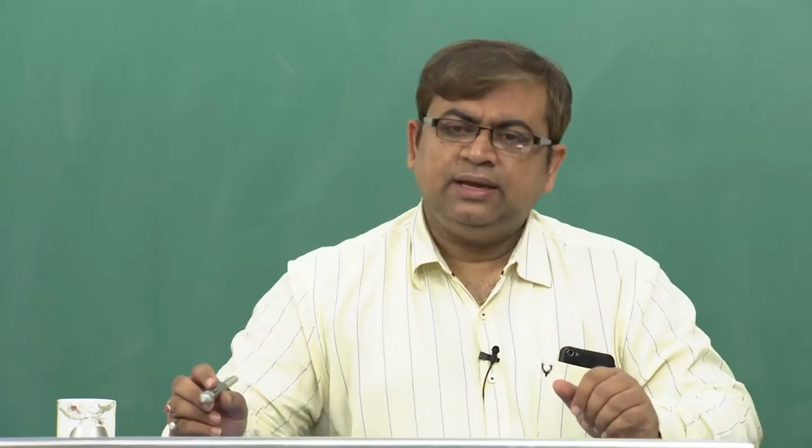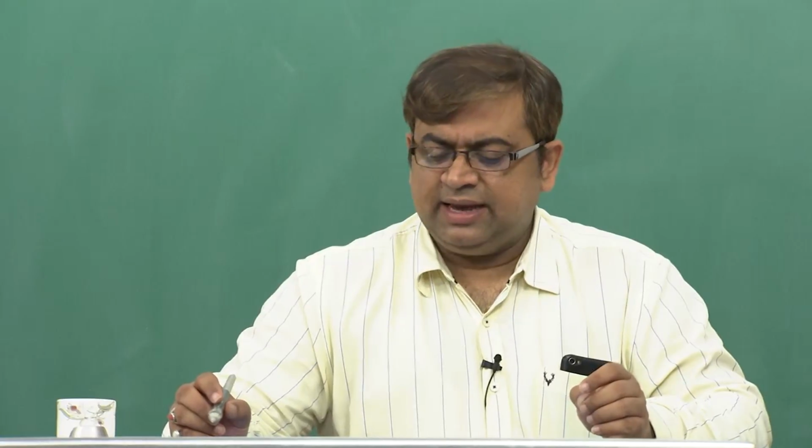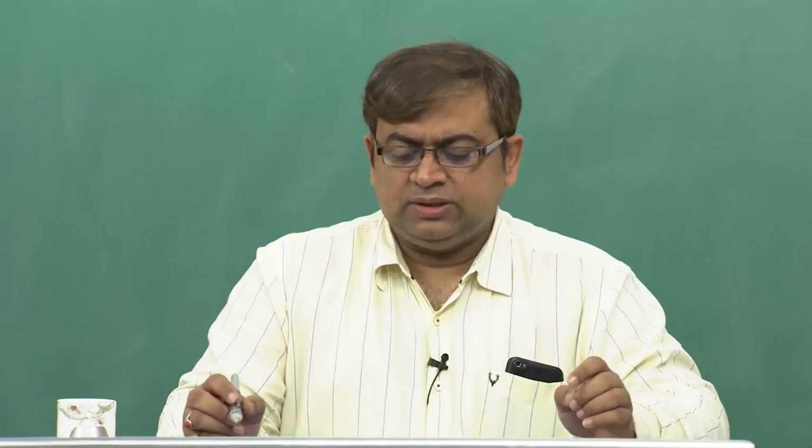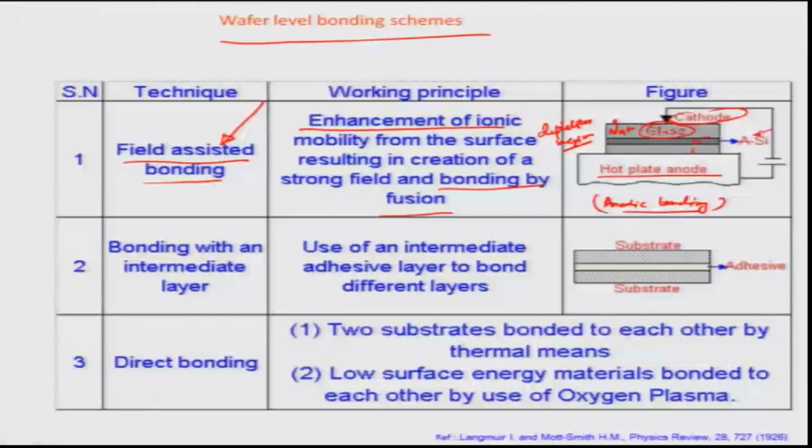You can create various features or structures at the MEMS scale, or the micron scale, using such methodologies. So, the enhancement of ion mobility from the surfaces results in the creation of a strong field, and the bonding happens by fusion between the substrates.